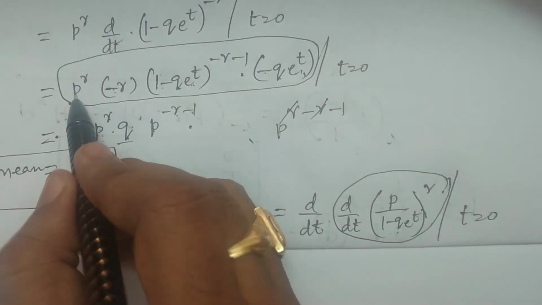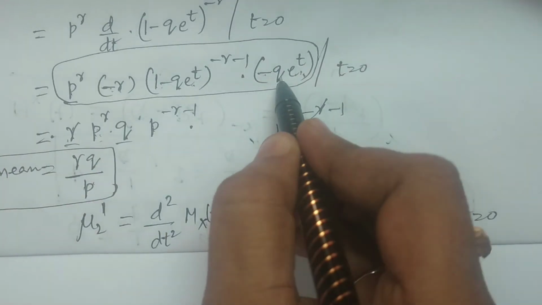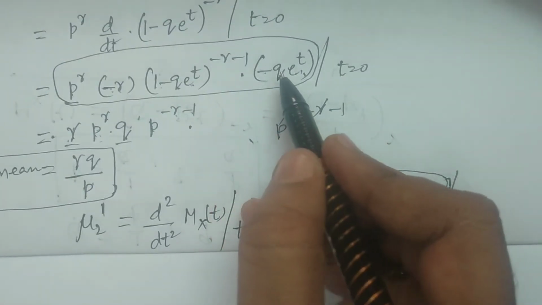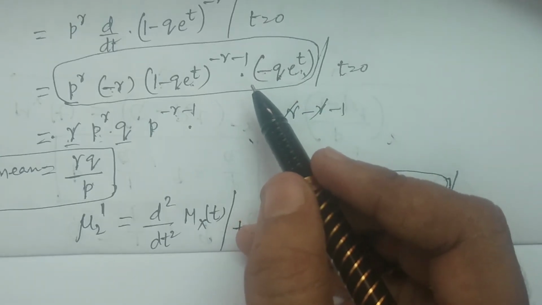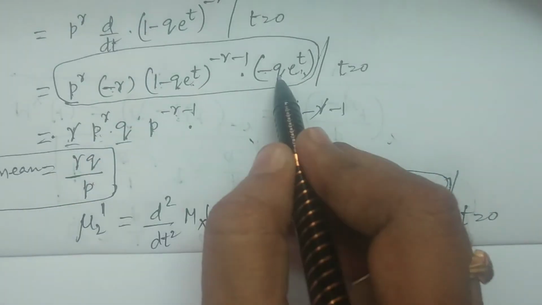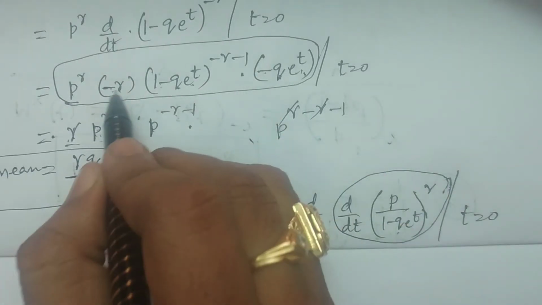Here p power r is a constant, r is a constant, q is a constant, which means they do not depend on the differentiation, since differentiation is with respect to t. So r q, minus of minus becomes plus, r q into p power r.